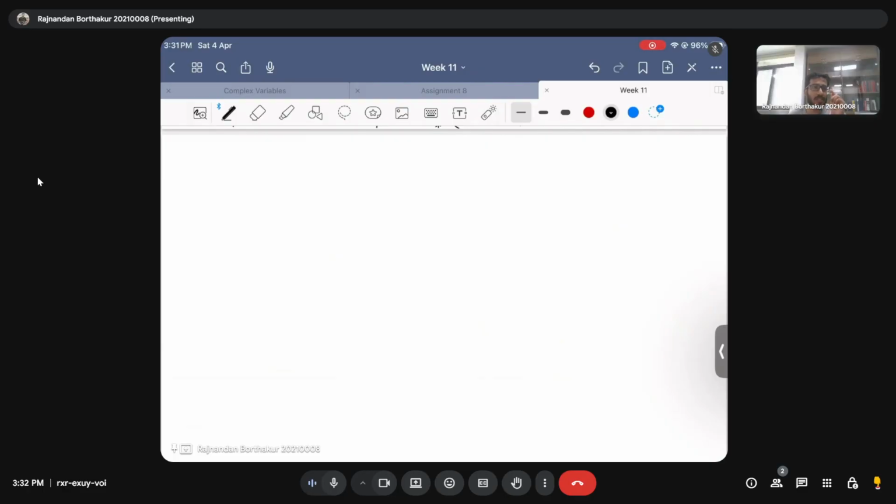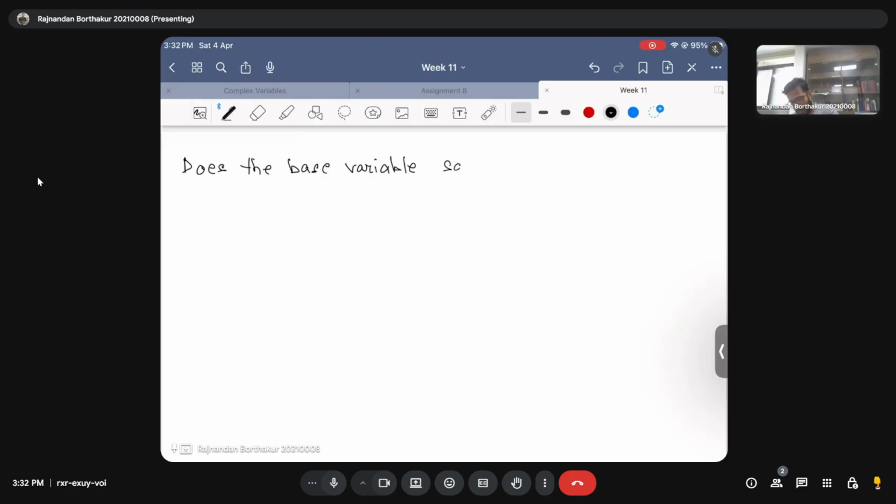This is something that we must ensure first in order to derive equations for the perturbations. So the question we are trying to seek now is: does the base variable satisfy the governing equations?